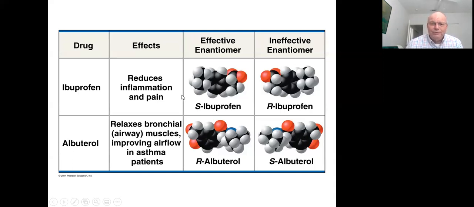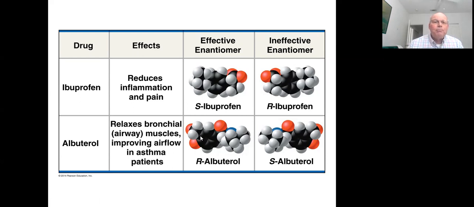So these are the isomers. Three different types of isomers: structural isomers, where it's the same chemical formula, but the atoms are arranged into two very different structures, leading to very different chemical properties. The geometric isomers, otherwise also known as cis-trans isomers, where the structures look very similar because of a double bond between two carbons, but the location of the atoms is different. So in the cis form, the atoms are on the same side of the bond.